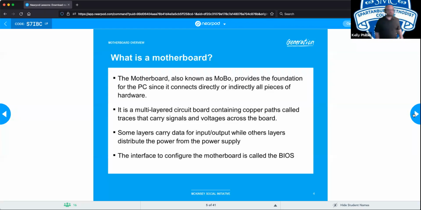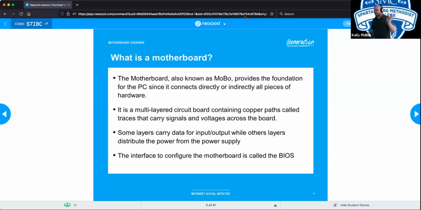And it is essentially the foundation. You could call it the nervous system or the backbone or the spine, the basic foundation for the computer, allowing connection, communication, and power to flow to all the components attached to that machine. It is a multi-layered circuit board utilizing copper paths called traces.